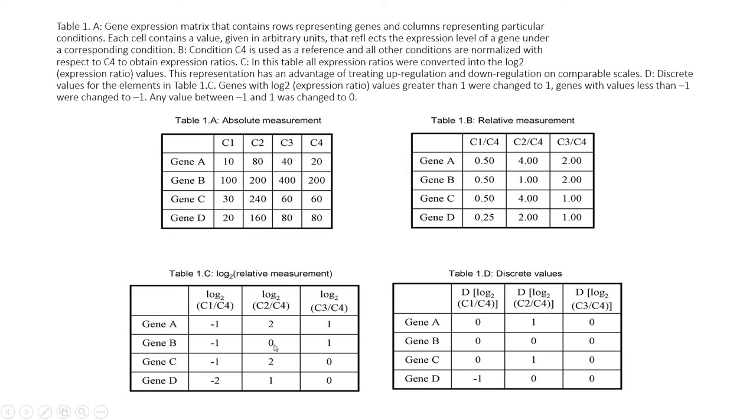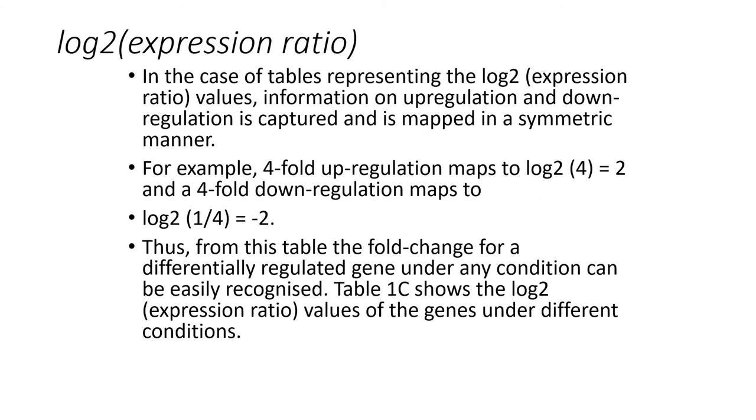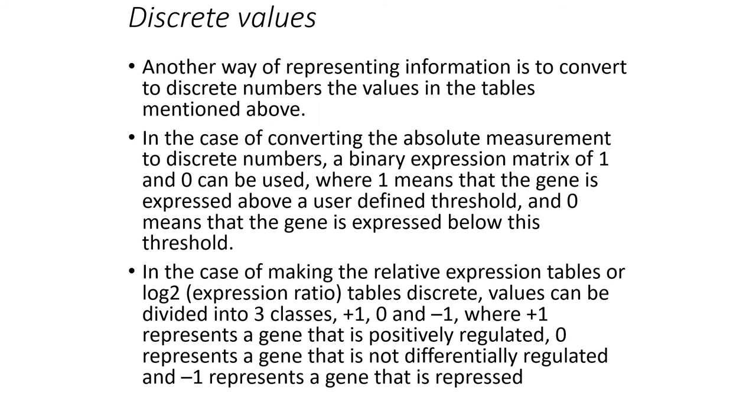Okay, so genes which show expression greater than 0 are upregulated, and genes that show expression below 0 are downregulated. Now come to the discrete values, table 1D.